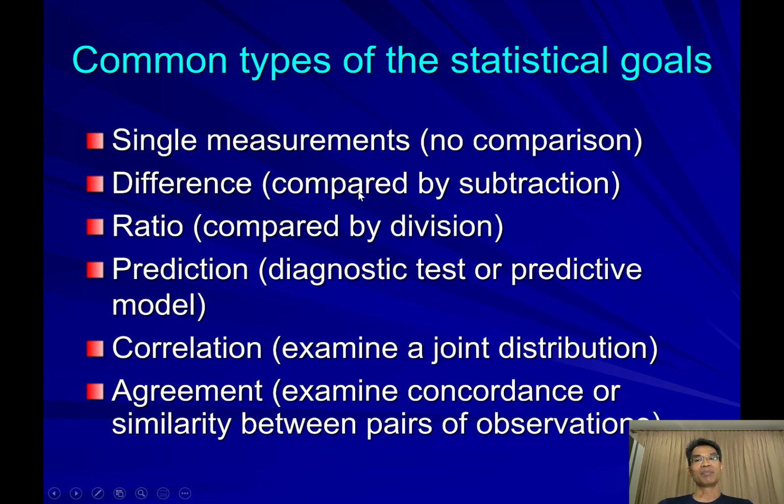Some compare between groups, but use one minus another, or subtraction. That means we quantify the difference as the magnitude of effect to answer the research question. Some compare between groups using one divided by another, or division. This is called a ratio, like odds ratio, risk ratio or relative risk, incidence rate ratio, or hazard ratio.